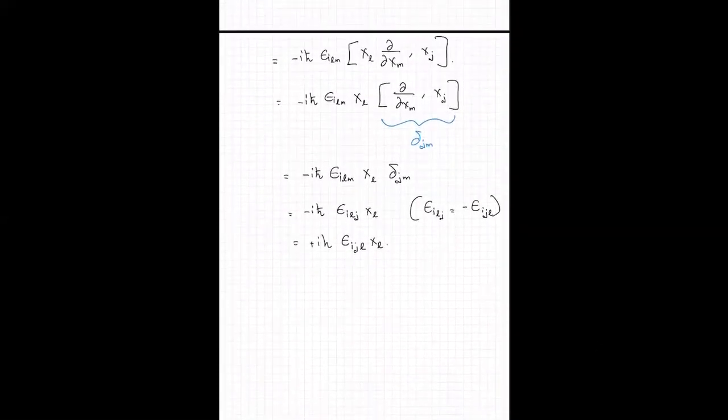So ultimately we have the commutation relation: the commutator of Li with xj equals i h bar epsilon ijk xk. Don't worry that I switched symbols here. Since the index is summed over, it really doesn't matter if I call this index l or k or m or whatever it is that you want.